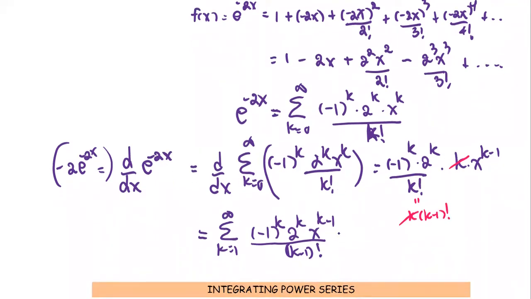This series represents the function negative 2 times e to the negative 2x.